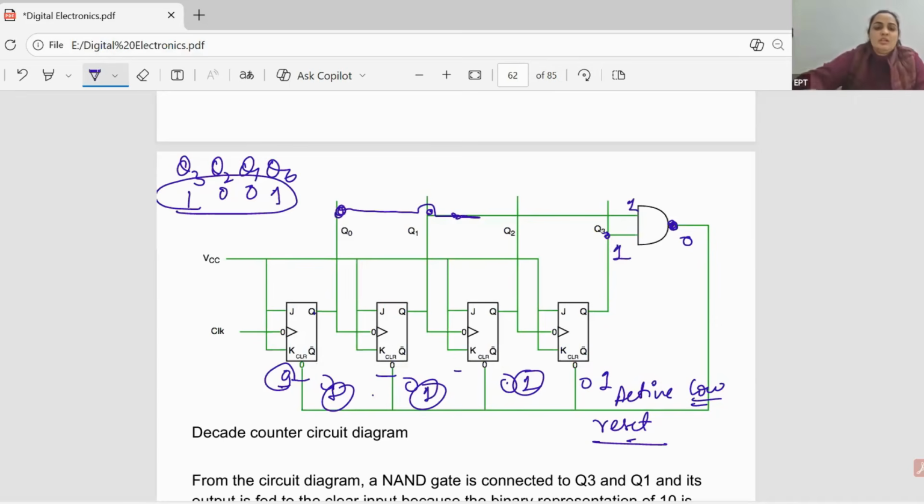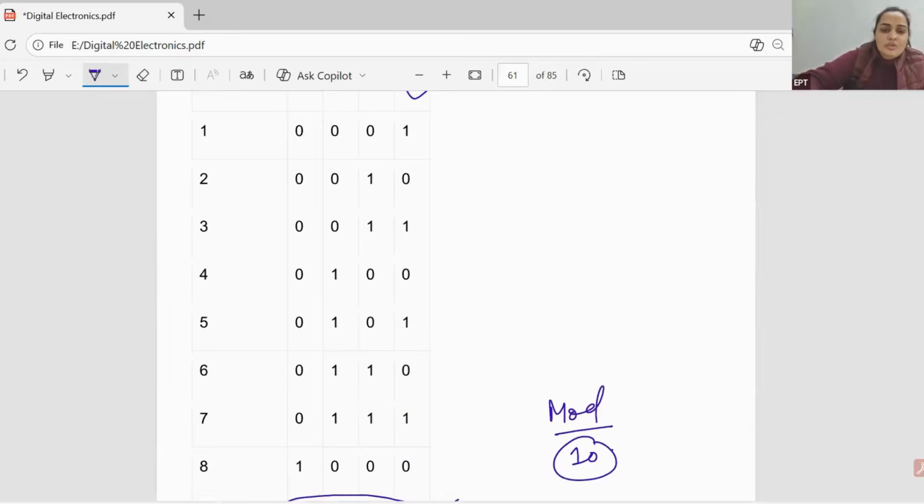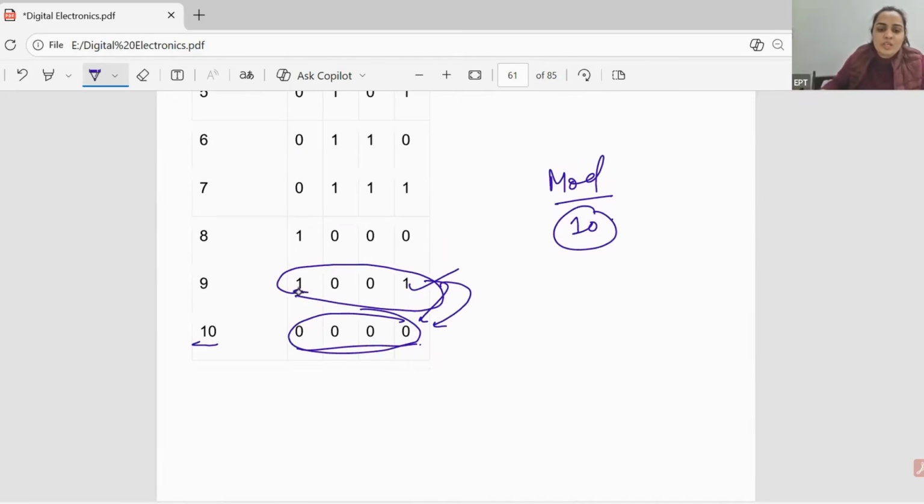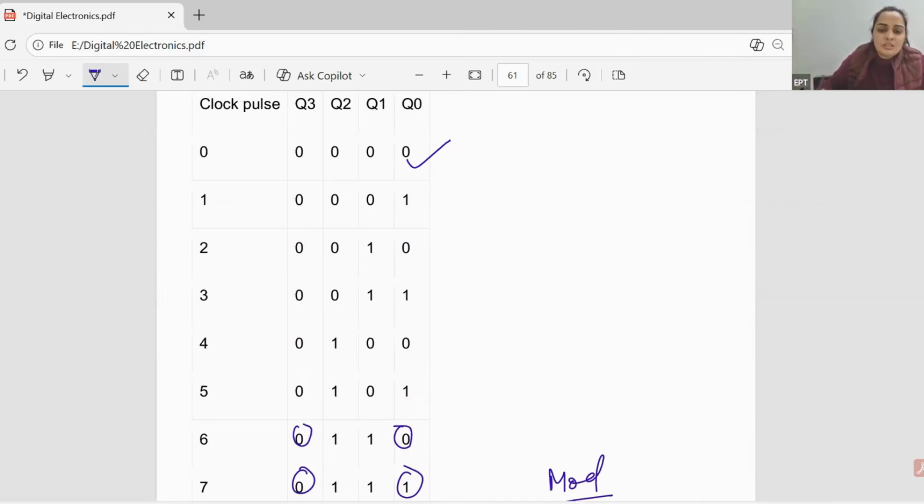Now it will reset. This is the only possible case when these two values are high. In other cases, the output of the NAND gate is going to be 1 only, right? You can check here. Like this, you can have a modulo counter.